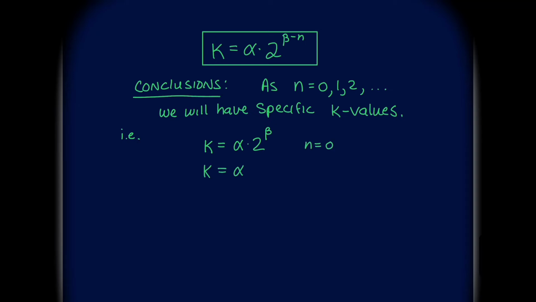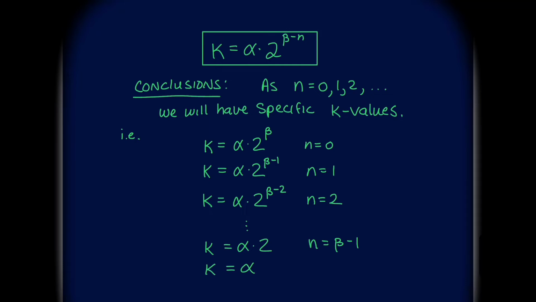So if k is equal to alpha times 2 raised to the beta power for n equals 0, and k equals alpha times 2 to the beta minus 1 for n equals 1, and so on, when we get down to the n equals beta minus 1 term, we get our last even value of k, and then for the very last value, n equals beta, we get a k value that's just equal to alpha, and alpha is assumed to be odd.